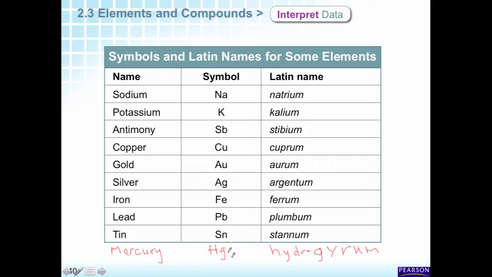Sometimes this is called quicksilver, because it looks like silver, but it's quick because it's liquid. And the other one I'll put up here is W, which is tungsten. That's because it comes from German, where it was called Wolfram.